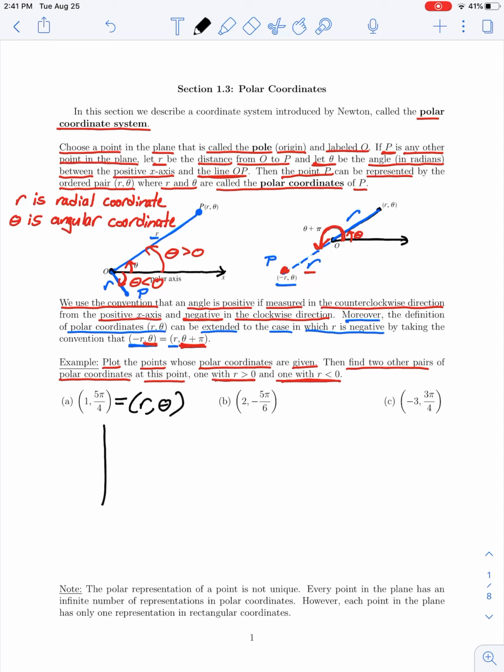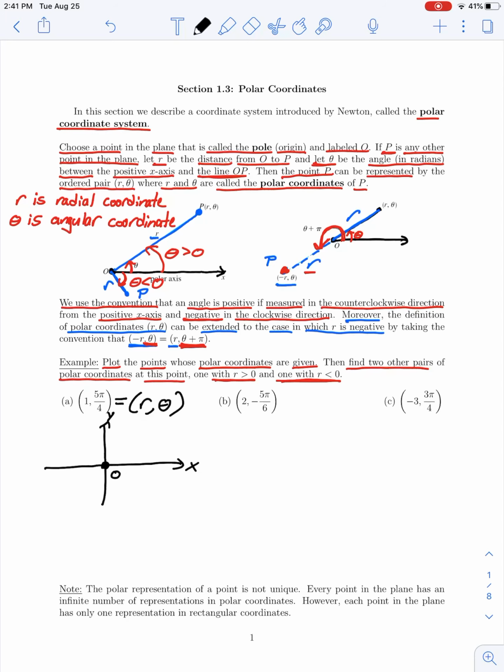So let's start by plotting this point. Let's say we have the standard xy plane that we might consider. In order to represent this point in the plane, we would assign our origin O, and our radial coordinate was 1, and our angular coordinate was 5 pi over 4.